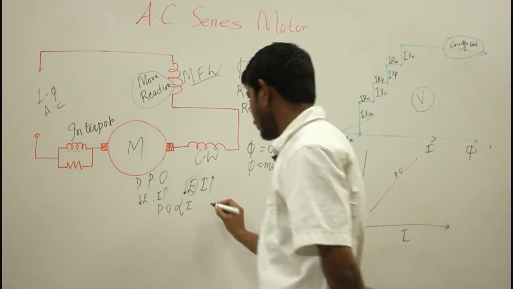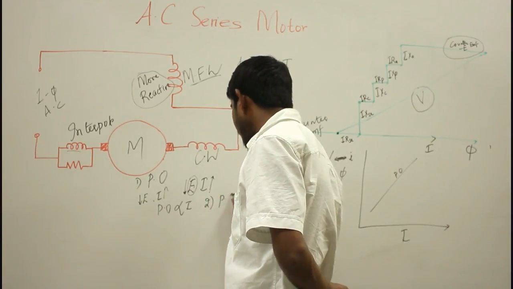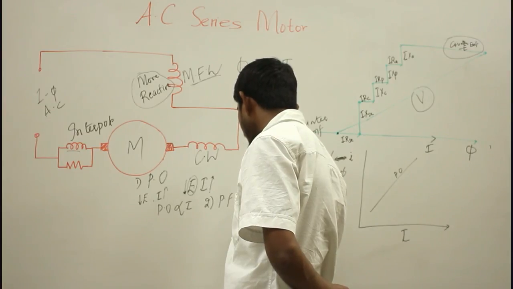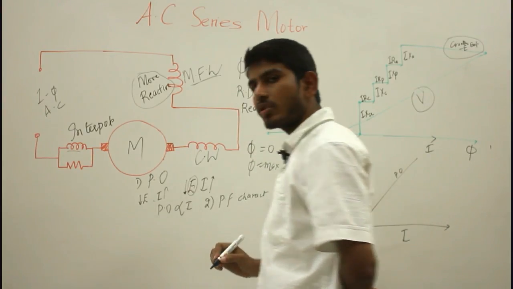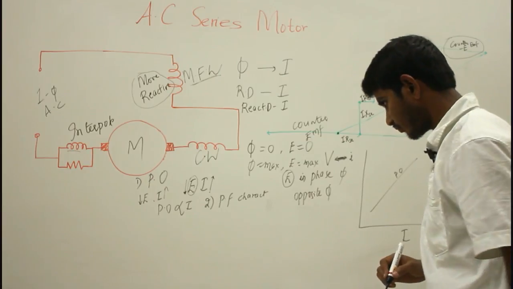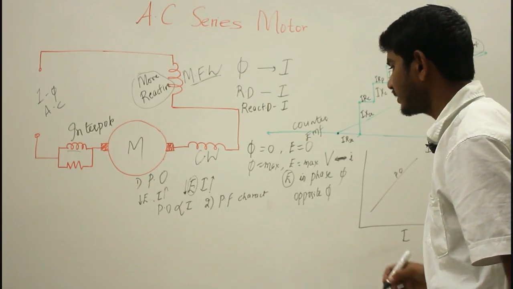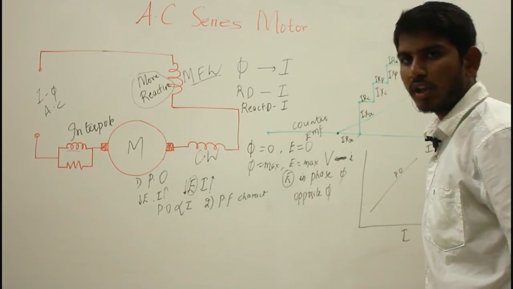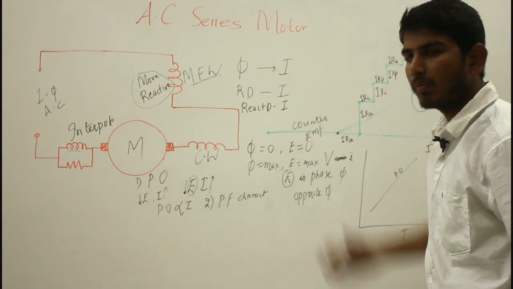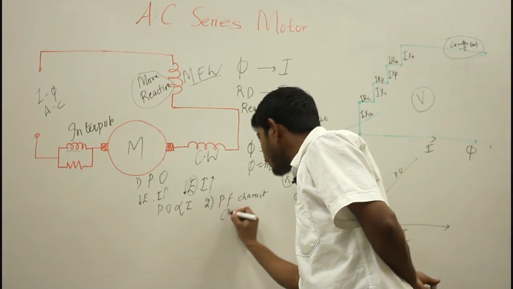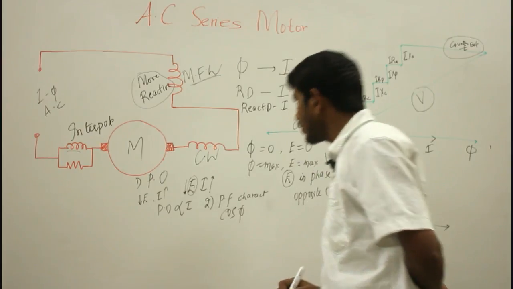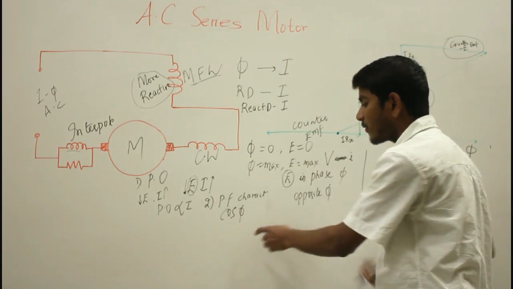The next thing is the power factor characteristics. The cosine of the phase angle of the AC series motor is known as the power factor of your motor. That is cos phi, the cosine of the phase angle is known as the power factor of your motor.